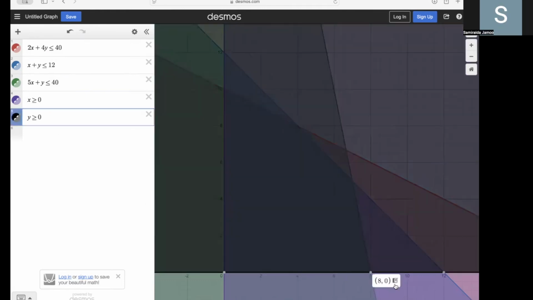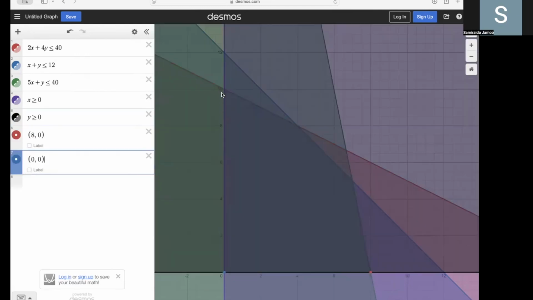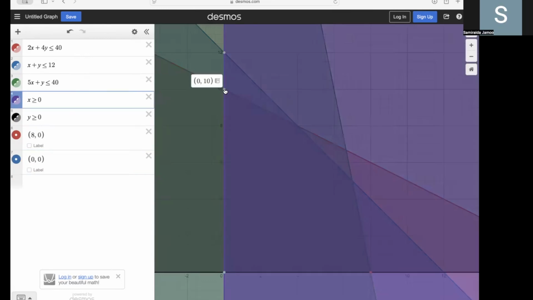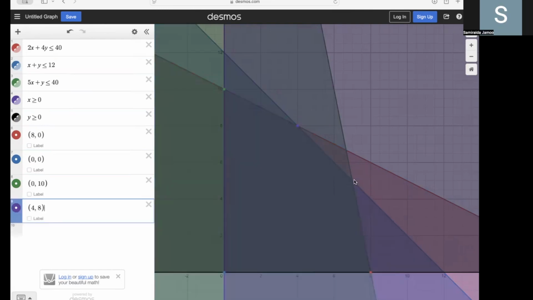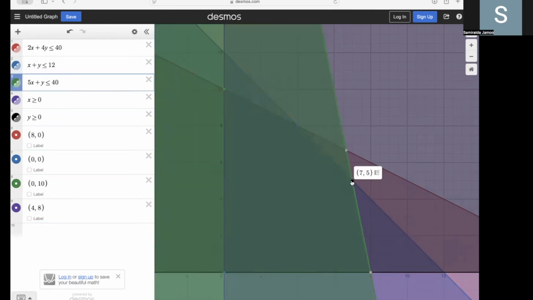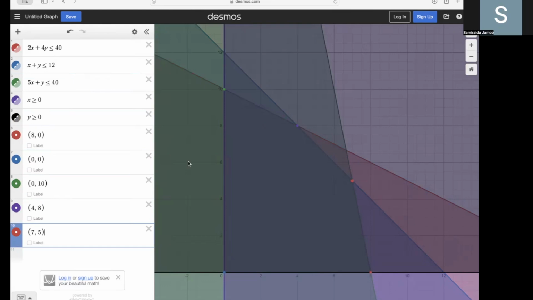So my vertices are 8, 0, 0, 0, 0, 10. This point right here at 4, 8. And this point right here at 7, 5. So now I'm going to switch my screen back to the iPad and write these vertices down and plug them each into my objective function and see which one gives me this maximum.